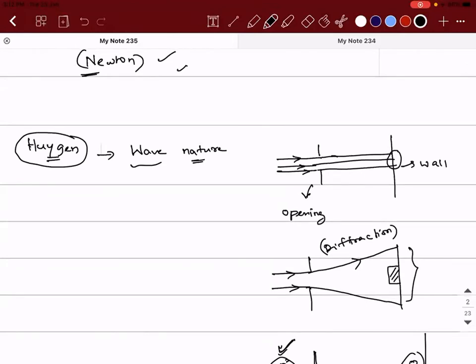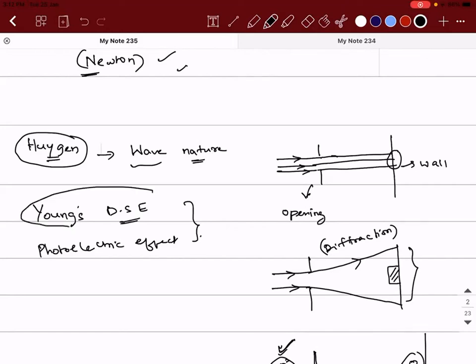It was later that certain experiments like Young's double slit experiment and the photoelectric effect came into existence to prove that light had wave nature and also particle nature. So here I explained both the points.